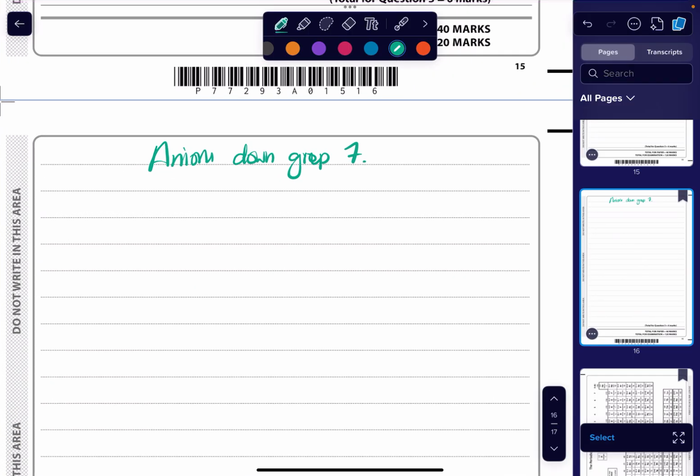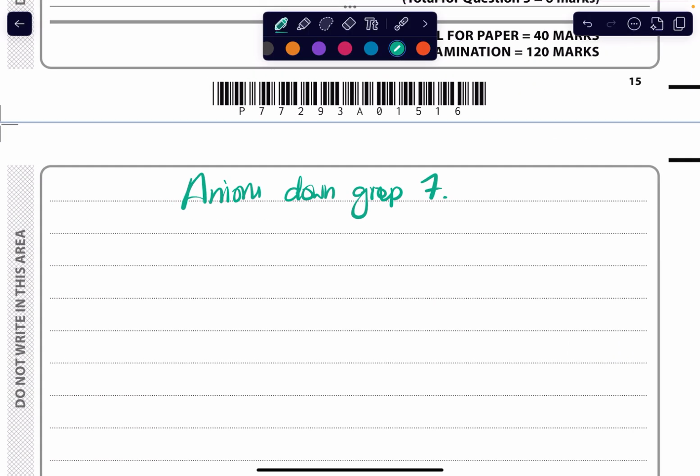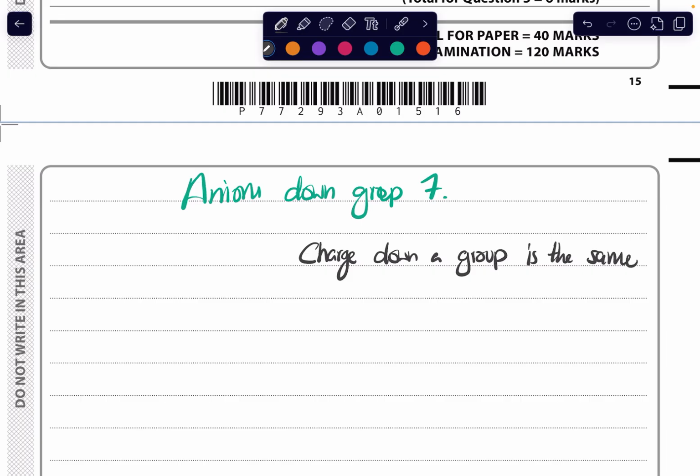Anions down group 7. So let's have a look at this again. Let's do charge, attraction, radius, shielding. Do CARS again. So charge down a group is the same.